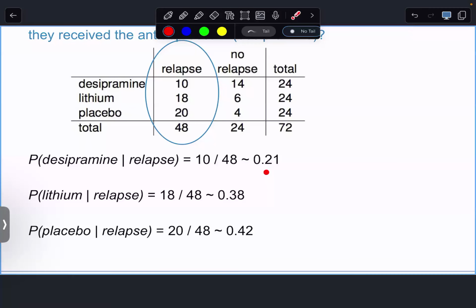Knowing that they relapsed, the probability that they were in the antidepressant group is 0.21. Knowing that they relapsed, the probability of being in the lithium group is higher, right? Worse treatment option, I think, if the goal is not relapsing. I don't know. Knowing that they relapsed, the probability of being in the placebo group is 0.42, the highest.